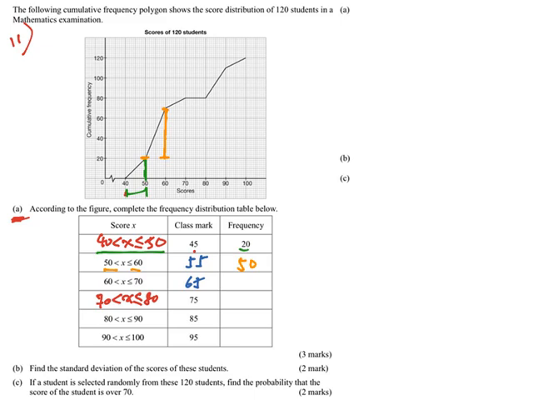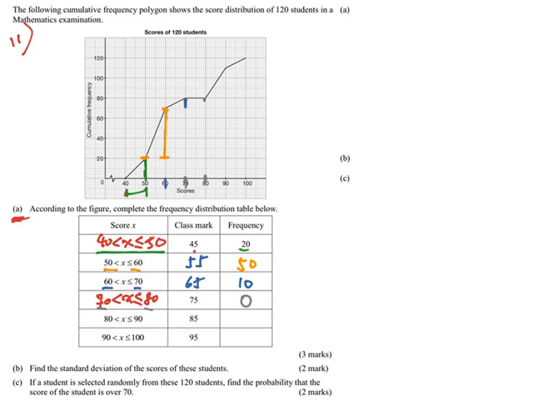Next we'll see from 60 to 70. So that means 60 to 70 here. We'll see this height. This height is only 10. And then next we'll see 70 to 80. You see no change, so it's 0.